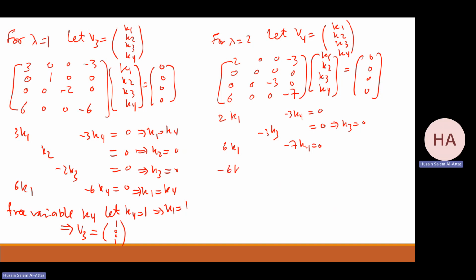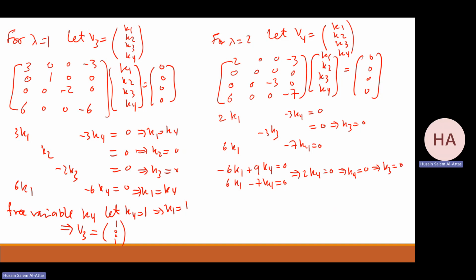So I have minus 6k1 plus 9k4 equal 0. This one the same. Add them. I'm getting 2k4 equals 0. So that means k4 equals 0. Plug it in the first one. I'm getting k1 equals 0.